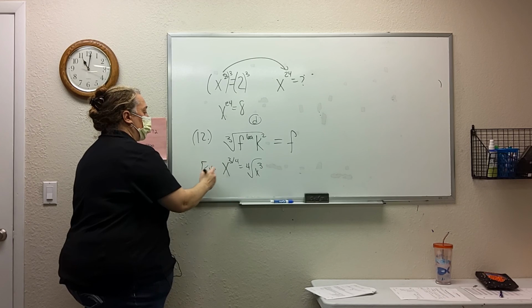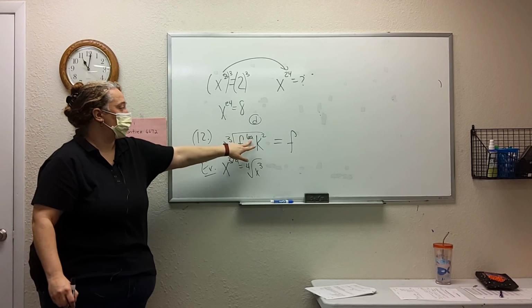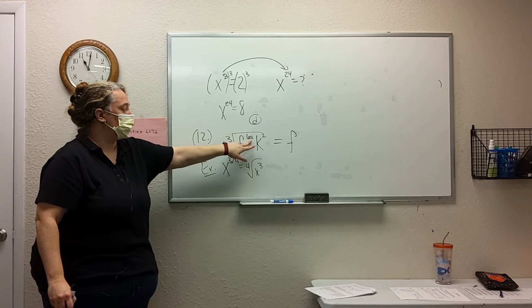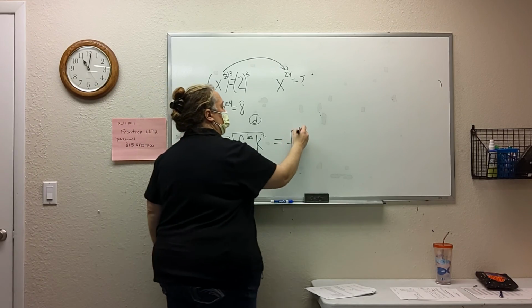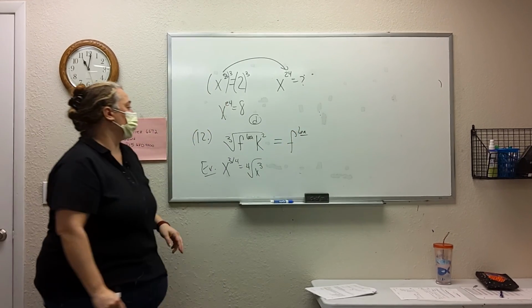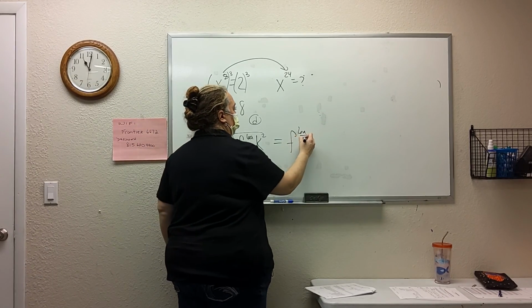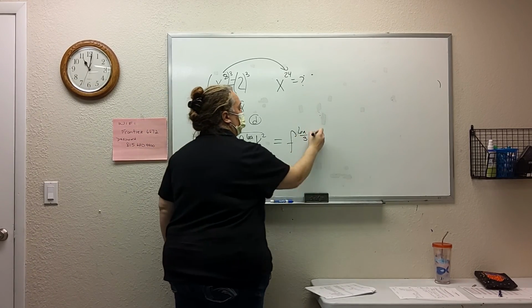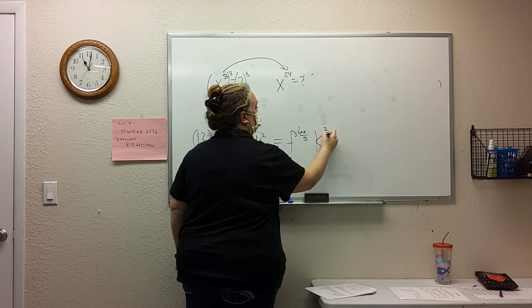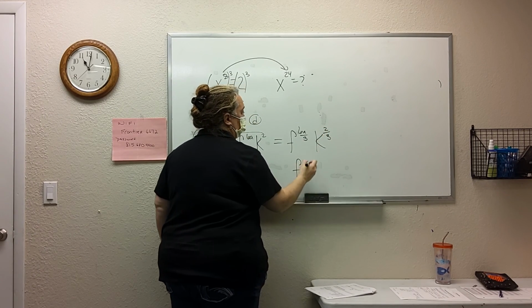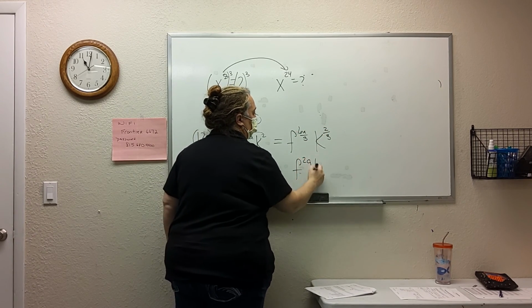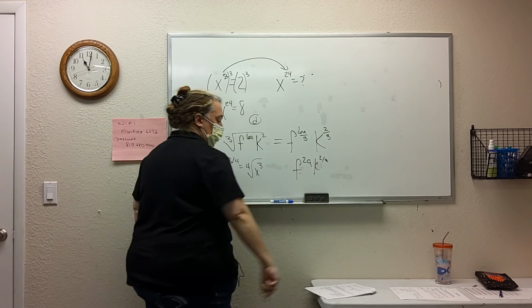So my top number is the number on the inside, so 6a. And my bottom number is the number on the outside, the 3. Same thing with the k's. Top number is 2, bottom number is 3. And then just reduce 6a over 3 is 2a, and k to the 2/3. And that's D.